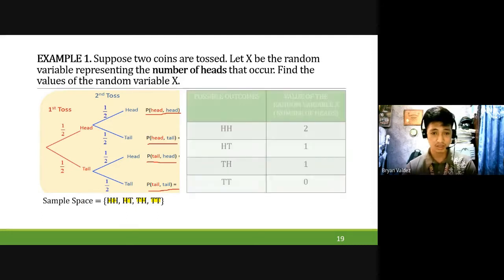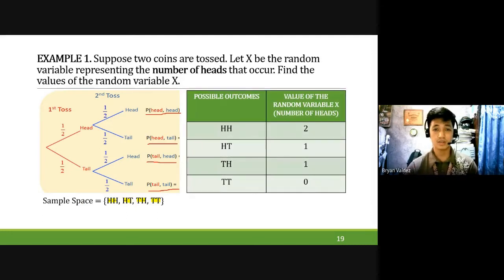So, next. Ayan. So, ito yung pagre-represent natin para ma-identify natin yung possible values ng experiment na to. So, in order for us to represent, we need to create a table with two columns. So, the first column is the possible outcomes. So, ililista nyo lang lahat ng possible outcomes dito, or yung nasa loob ng sample space.